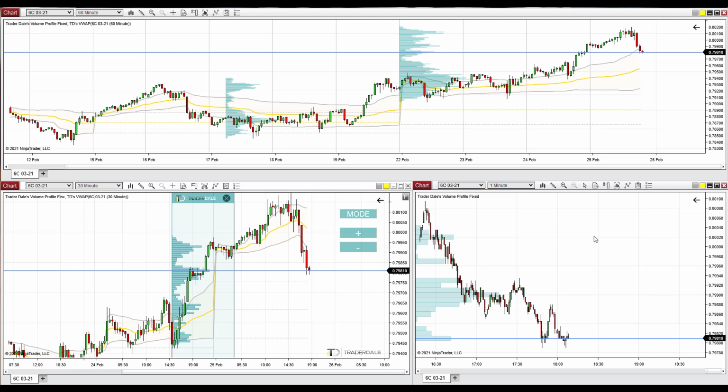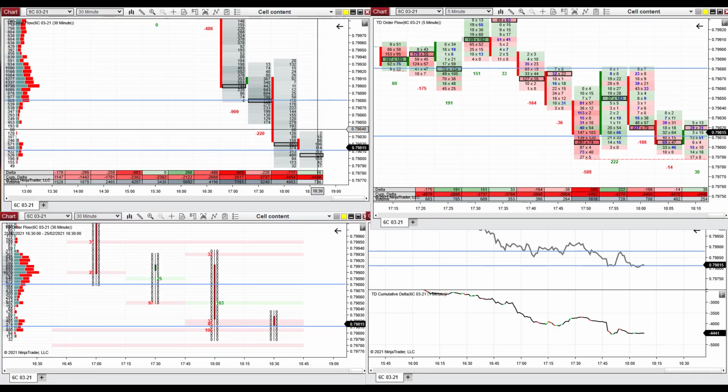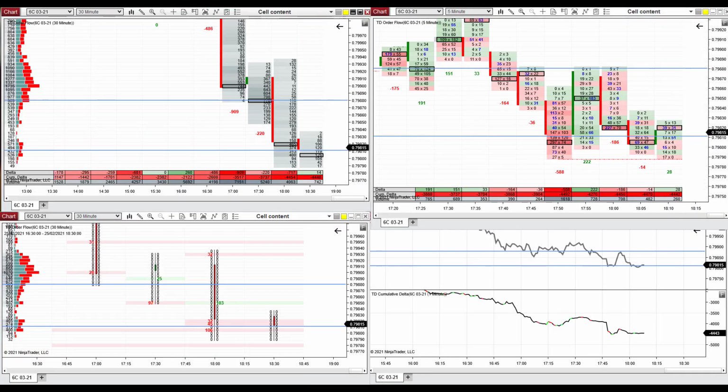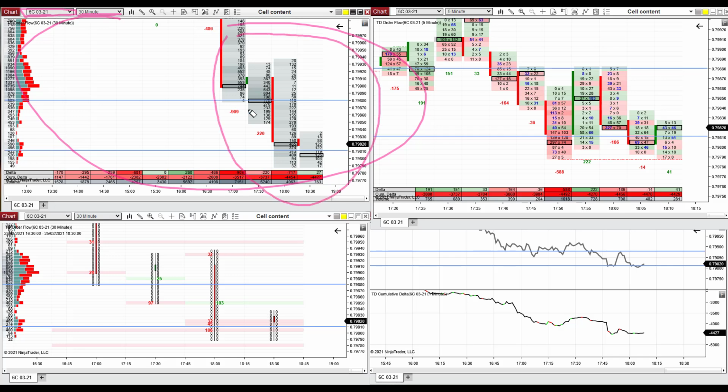And I wanted to see some confirmation when the price hit that level. So when the price was approaching that level, this is where I started the video, and this is where I opened the order flow. So this is the order flow workspace, which shows the same trading instrument in here. This is a 30-minute chart where it only shows total volumes. This chart shows 5-minute chart where it shows bid and ask.